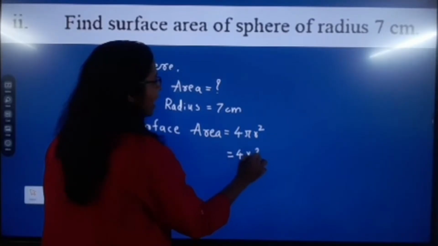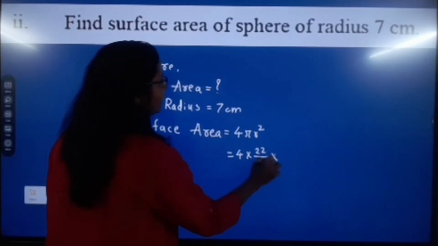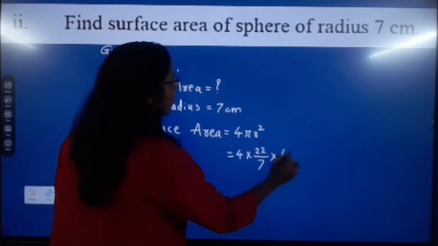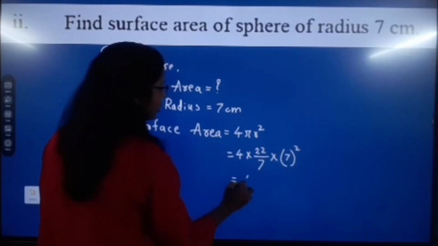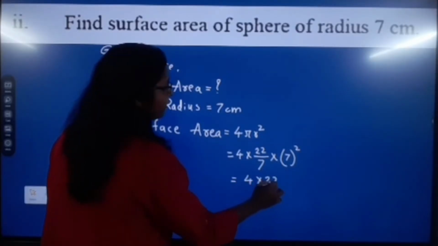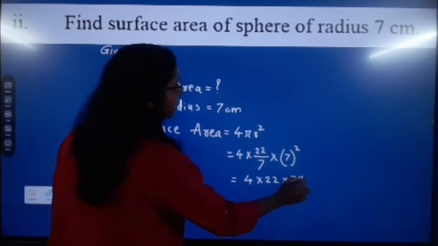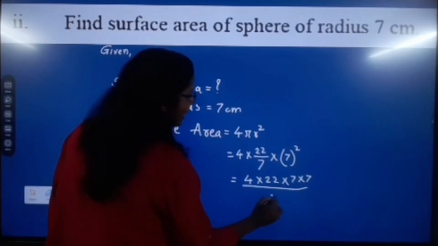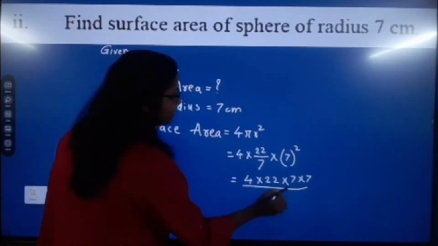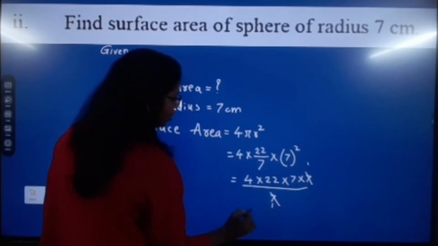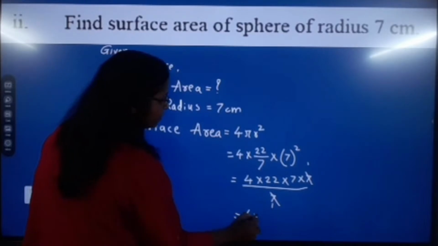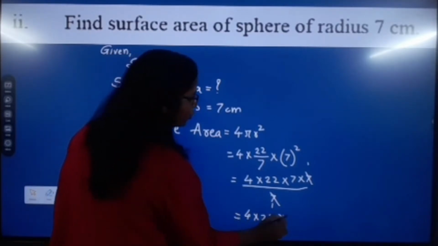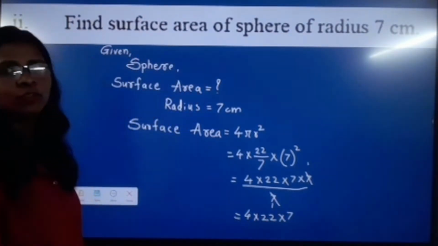So here 4 multiply 22 upon 7 multiply square of 7. So here, students, 4 multiply 22 upon 7 multiply 7 divided by 7. So here 7 get cancelled, students. So the remaining part will be 4 multiply 22 multiply 7. Okay, students.